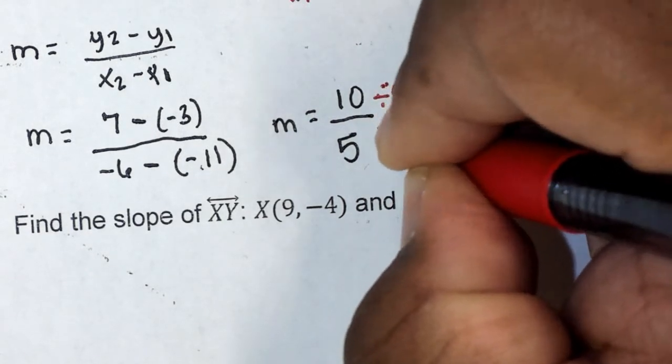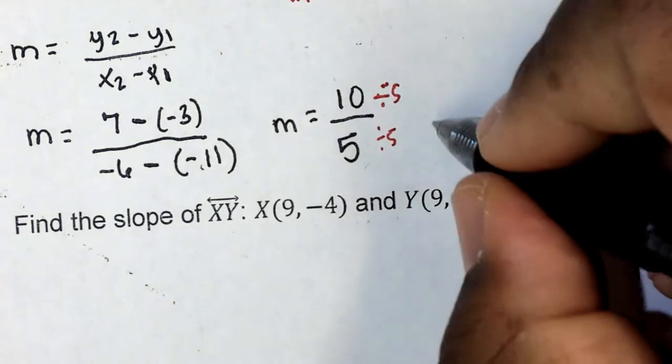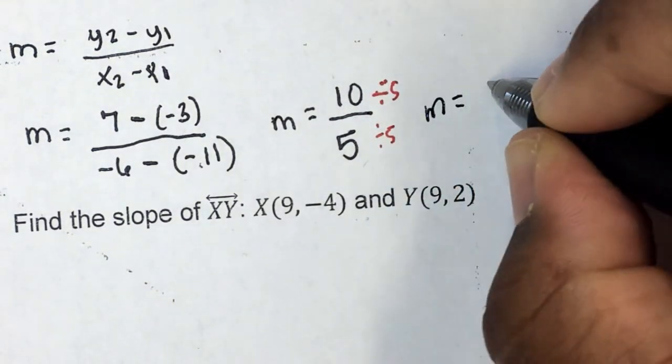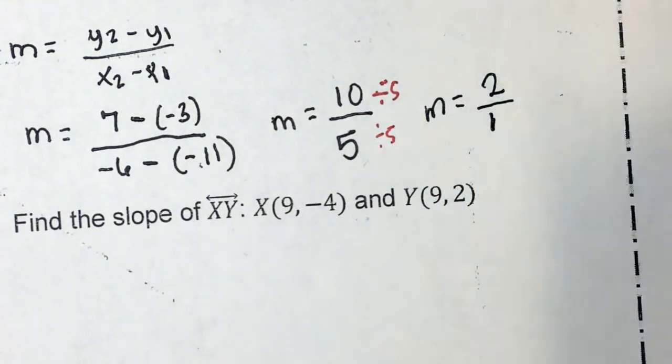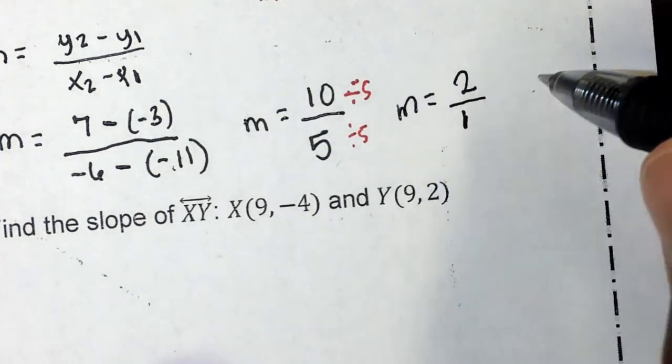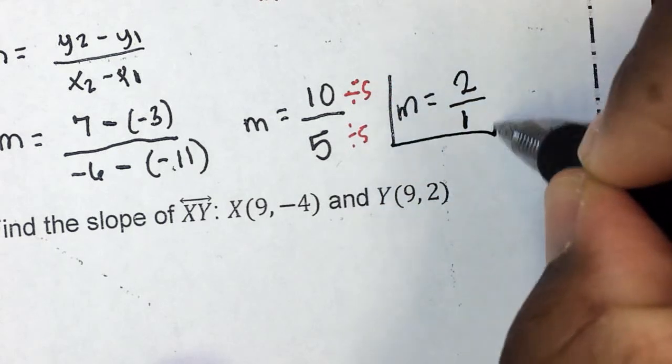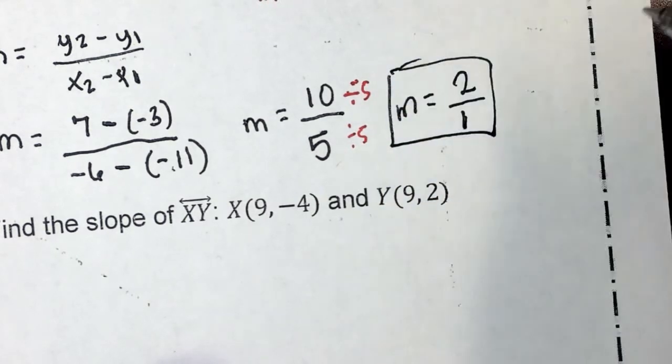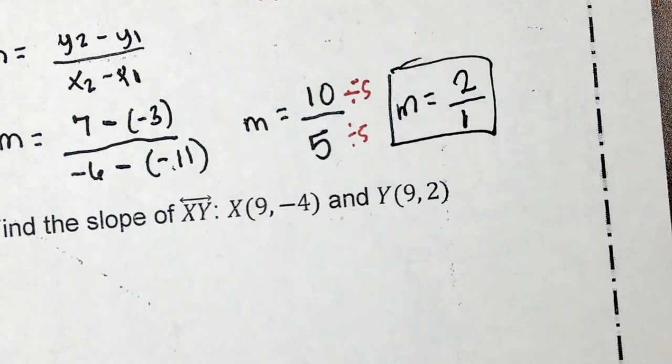Divide by 5, divide by 5. M equals 2 over 1. I'm going to leave it as 2 over 1 because I want my slope to be a fraction, especially if I'm about to graph. You need slope to be a fraction because you got to have a rise and a run.